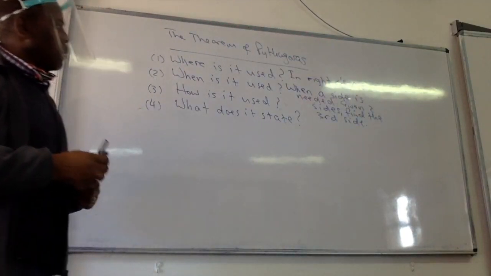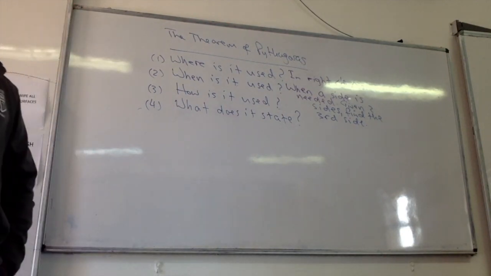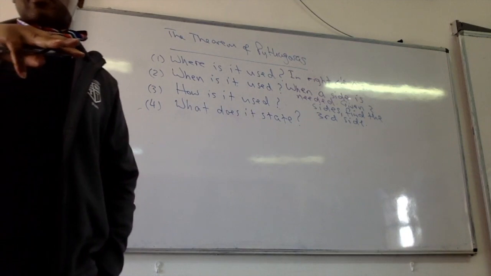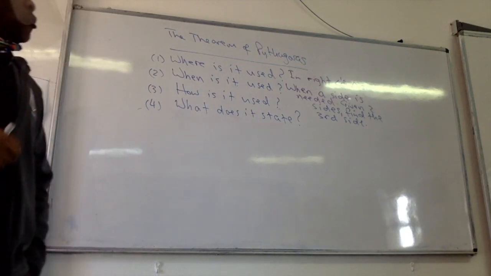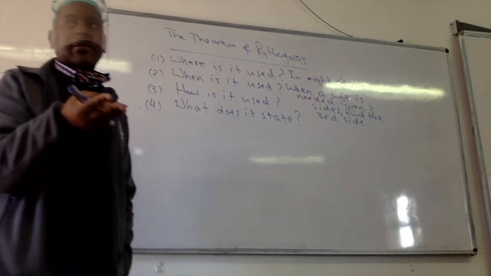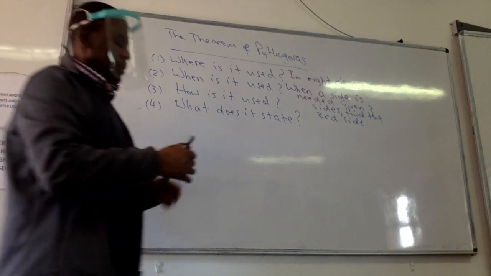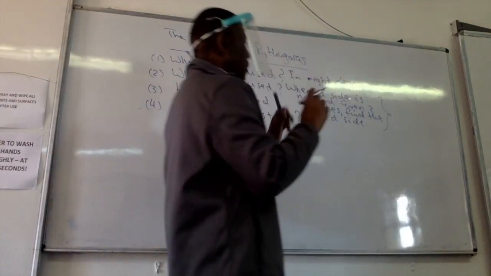So we use the theorem of Pythagoras when two sides are given and one side is missing. Does it make sense? Okay, so we use it to find a side given two other sides. Make sure that you understand that. Right, okay, we'll come to the diagrams later.